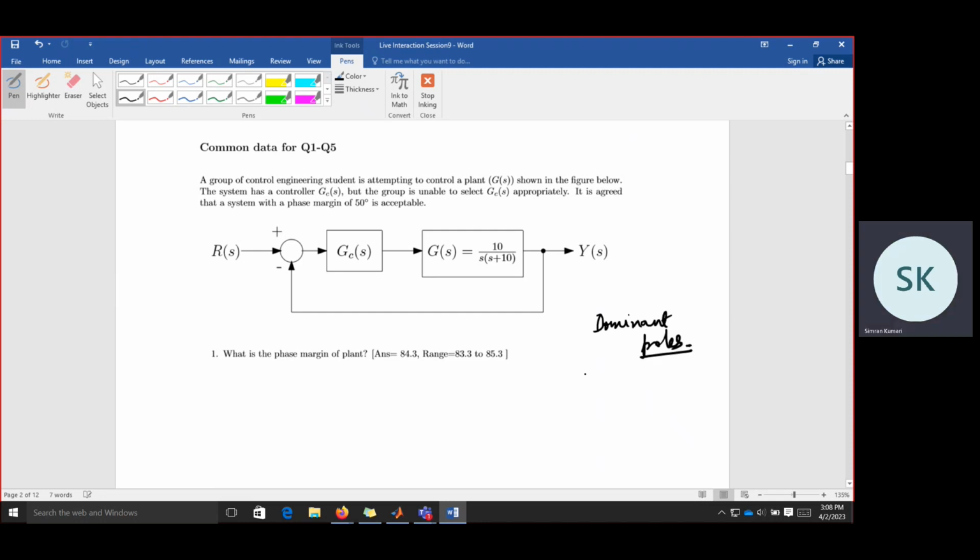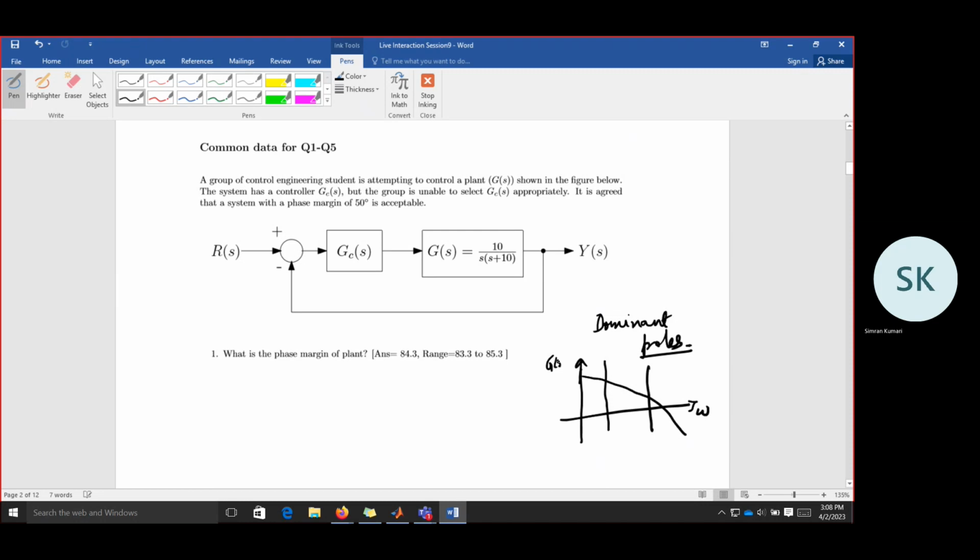Now, it was seen that in the Bode plot there are three regions in the frequency. In the low frequency region, the steady state behavior is determined.